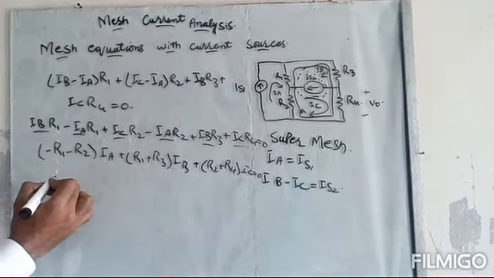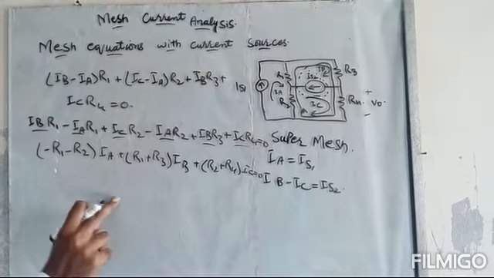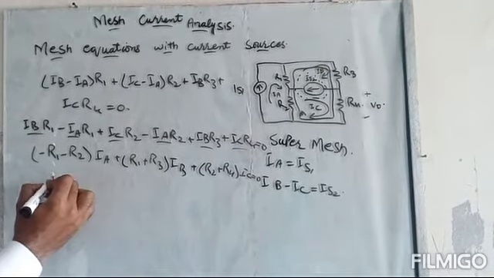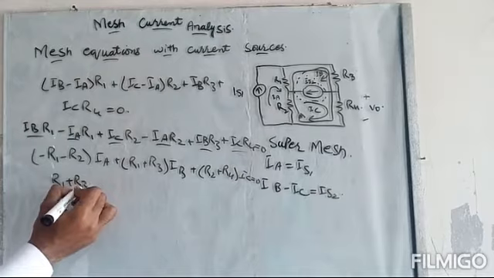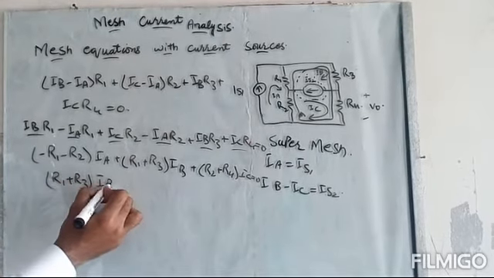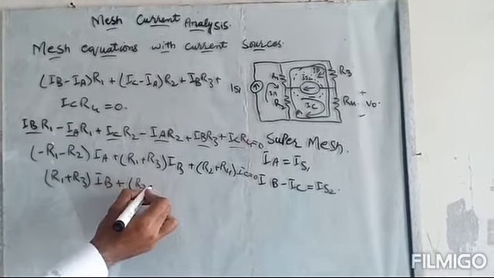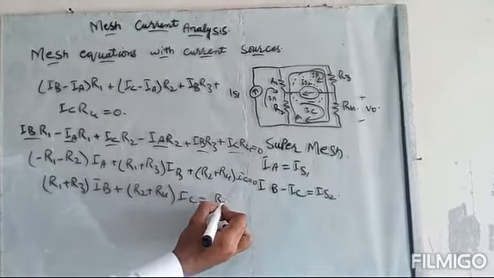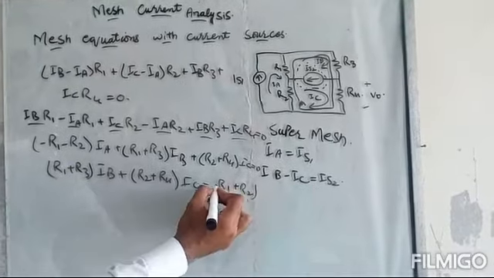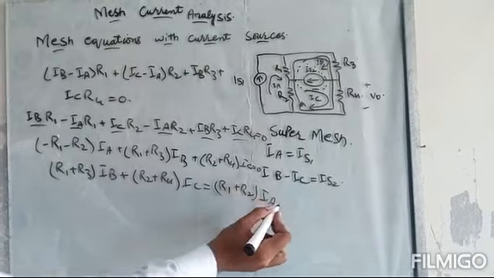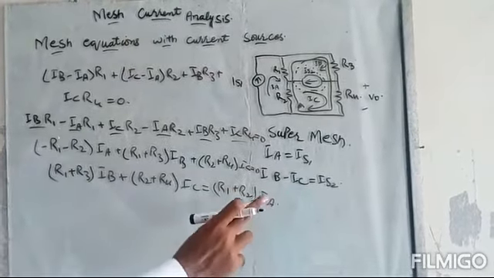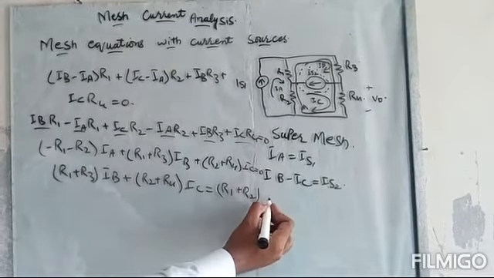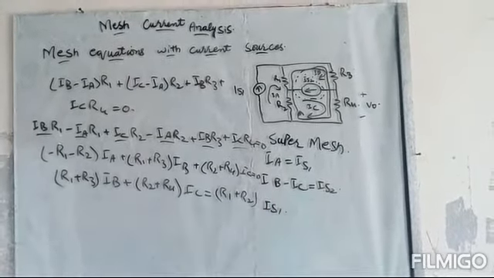We can take minus common, and when it goes to the other side it becomes positive. So R1 plus R3 IB plus R2 plus R4 IC is equal to R1 plus R2 IA. And as we know, IA is equal to IS1, so we can replace it with IS1.